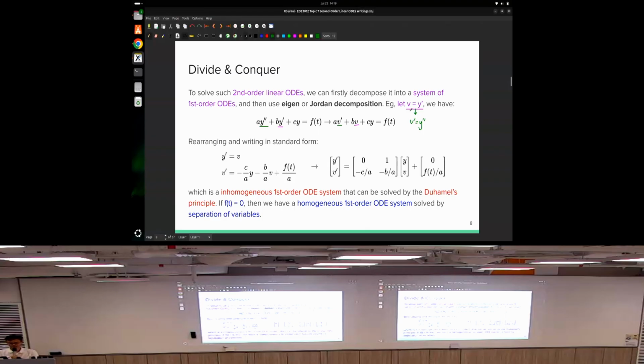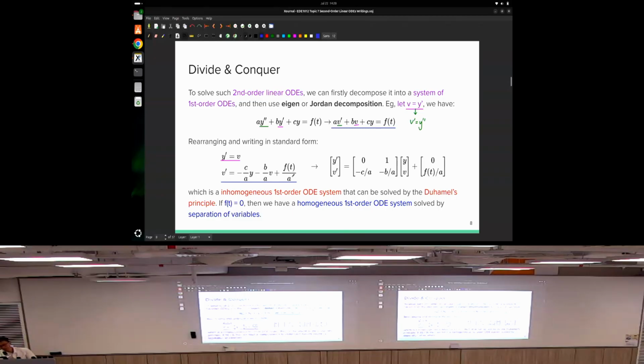Look at this: the first equation, then the second equation, this guy, is this. I just isolated v prime. I bring the cy across, becomes minus cy. I bring the bv across, becomes minus bv. But because there's an a associated with v prime, I need to divide it off to isolate v prime, so I just divide throughout by a.